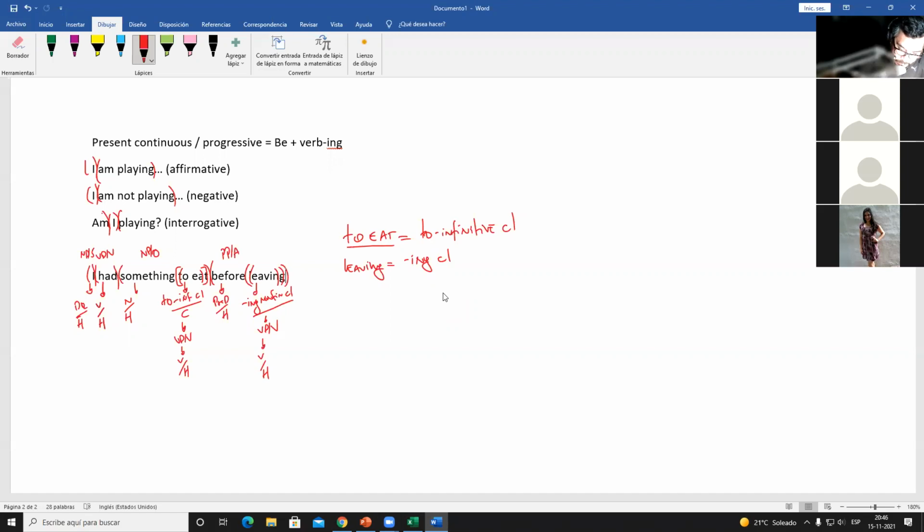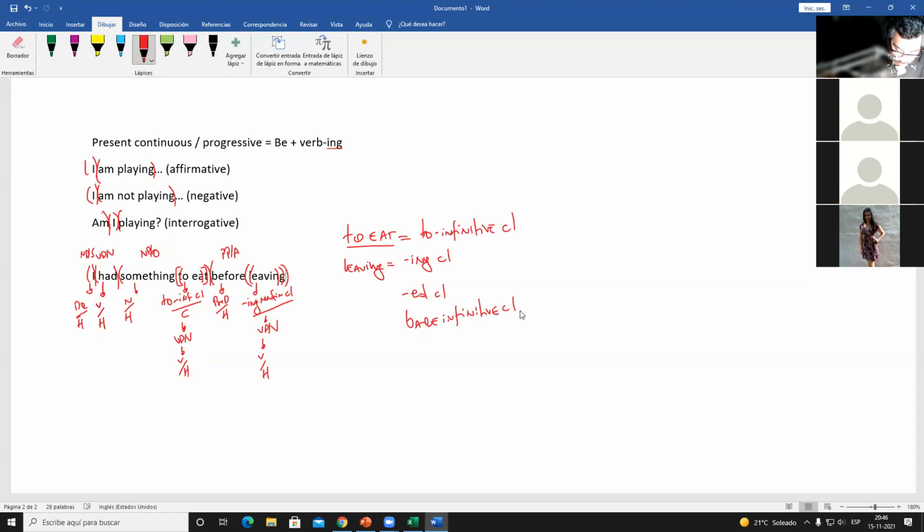How many non-finite clauses are there? Well, basically four. You have the true infinitive clause, the ing clause, the ed clause, and finally, the bare infinitive clause. Those are the names all over again. Non-finite clauses are those clauses where the verb phrase doesn't have tense, right?